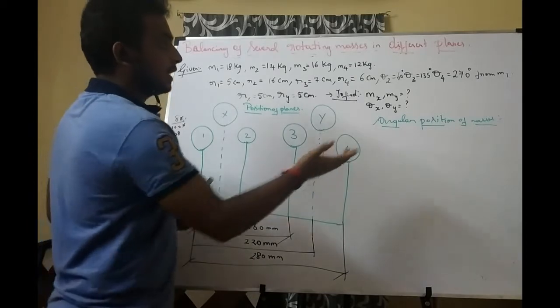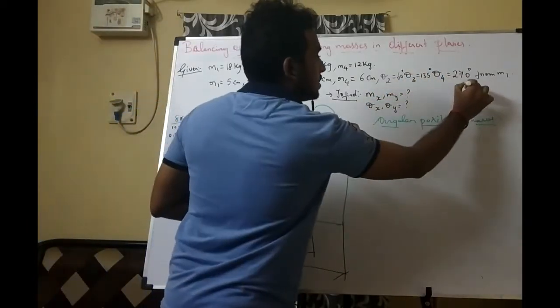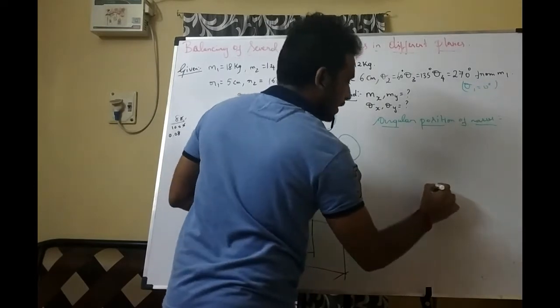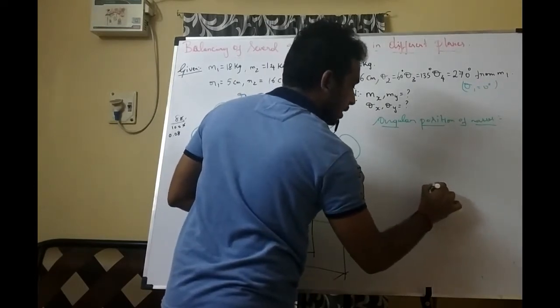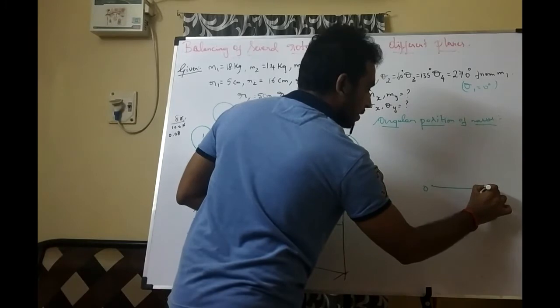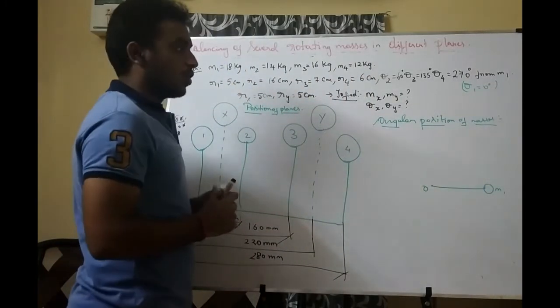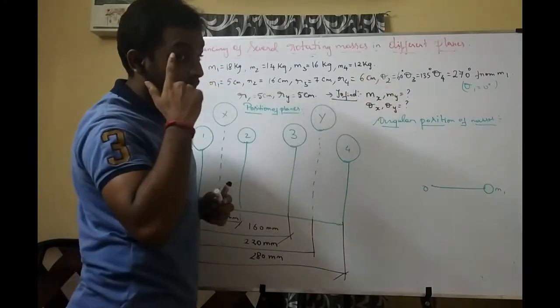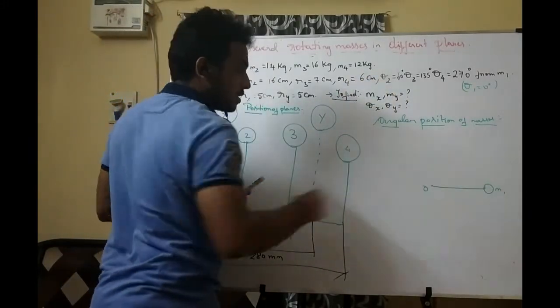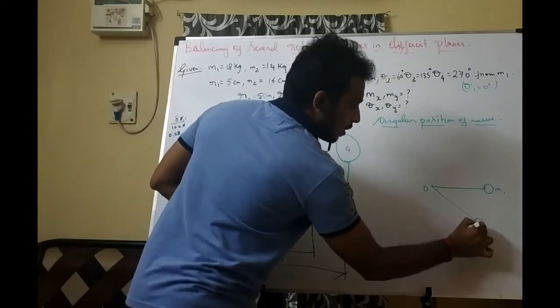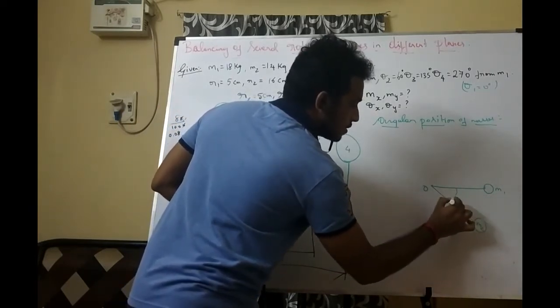So we are taking M1 as reference, so theta 1 is always equal to 0 degree. With respect to a point O, M1 is at 0 degree, and then they have said from M1, our M2 is located at 60 degree clockwise. So this is with respect to M1.